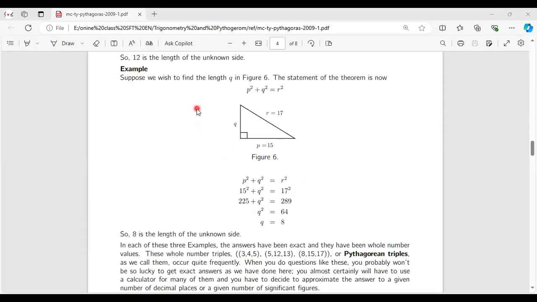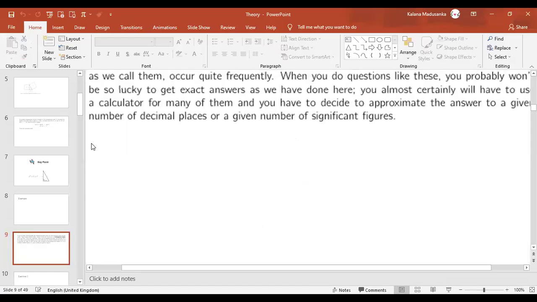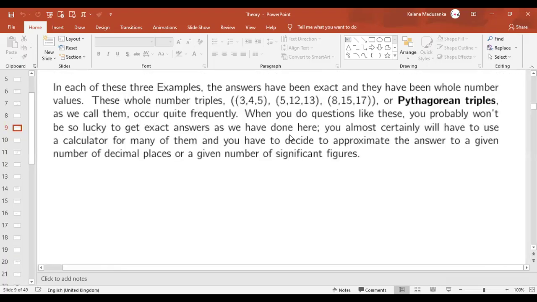Let me share one with you. So here are some other examples of Pythagoras triplets. You can see 3, 4, 5 and 5, 12, 13, 8, 15, 17.